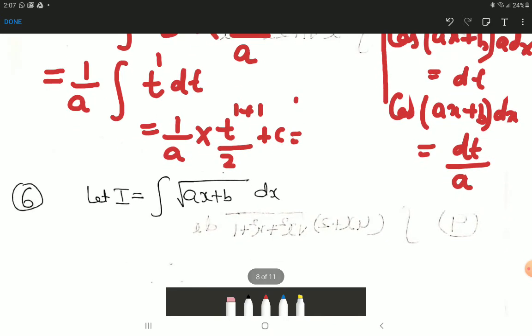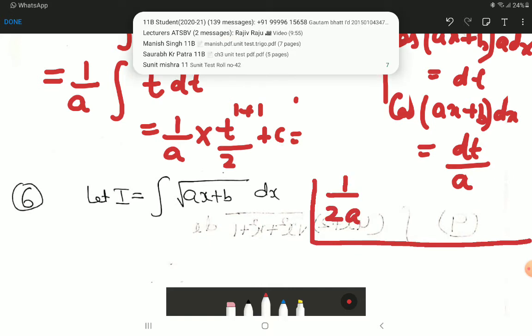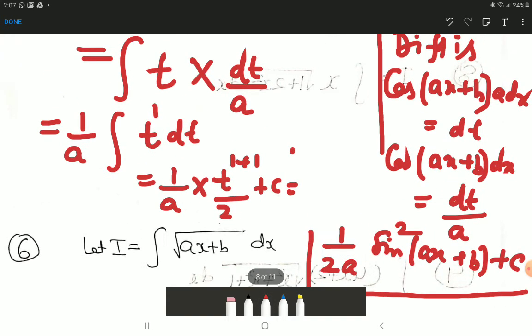I am writing it here. 1 by 2a, t is sine of ax plus b, square, plus c. So I think it's quite clear now.